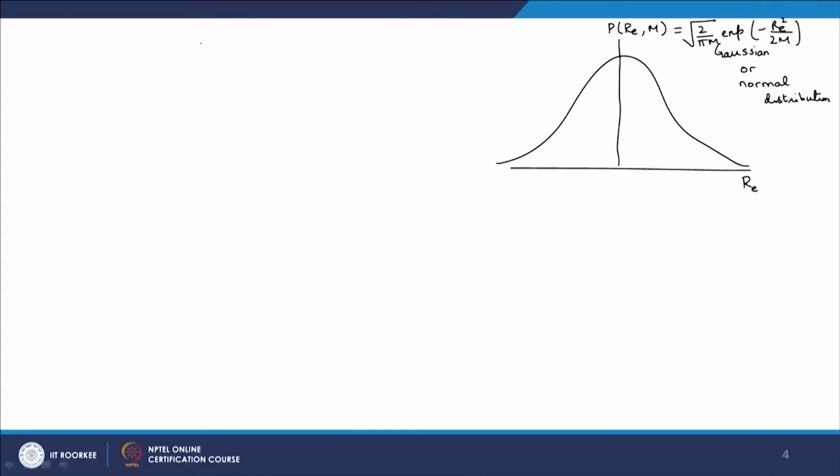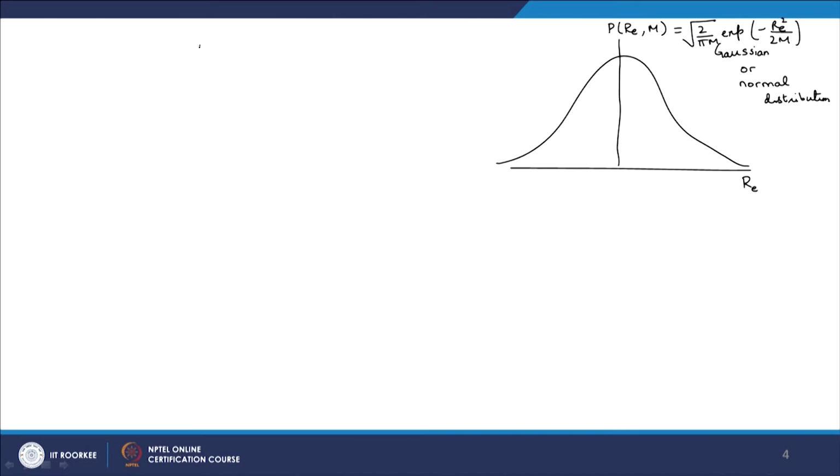Where my P of RE again is given as follows. We can compare this with the standard form of the Gaussian distribution, and we realize that the prefactor in the standard form is slightly different. So let us look at that.